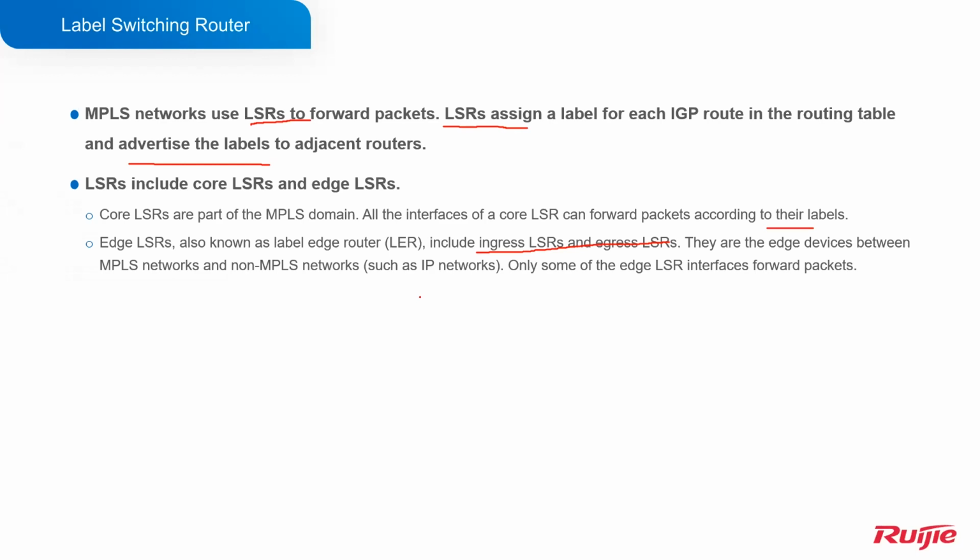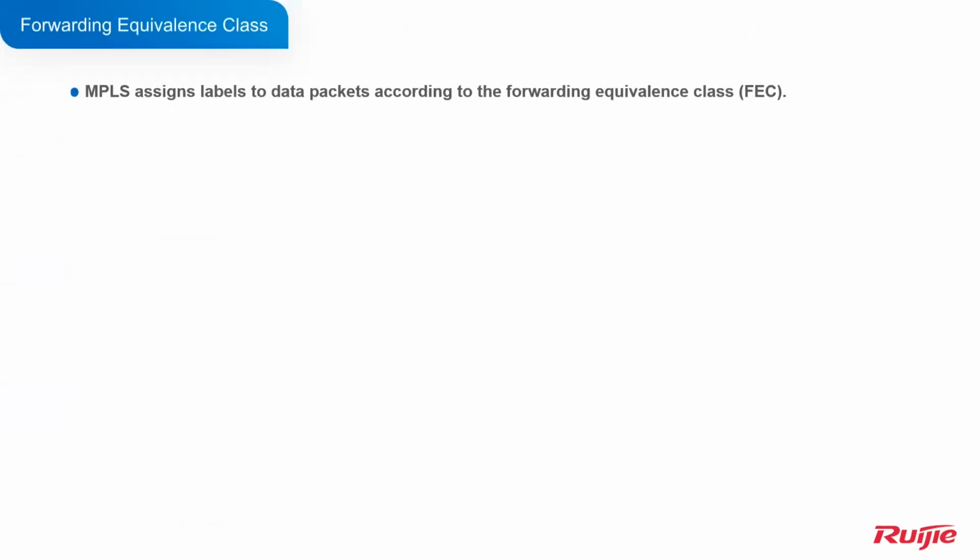So this is the LSR. Another one is the FEC, forwarding equivalence class. How do we assign the label? Later we will explain the label. The label is a value, maybe in a range like 120 or 30.